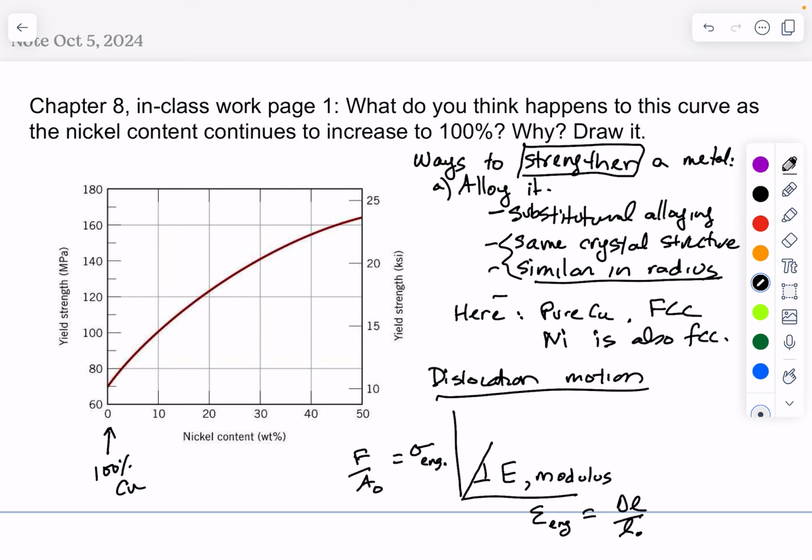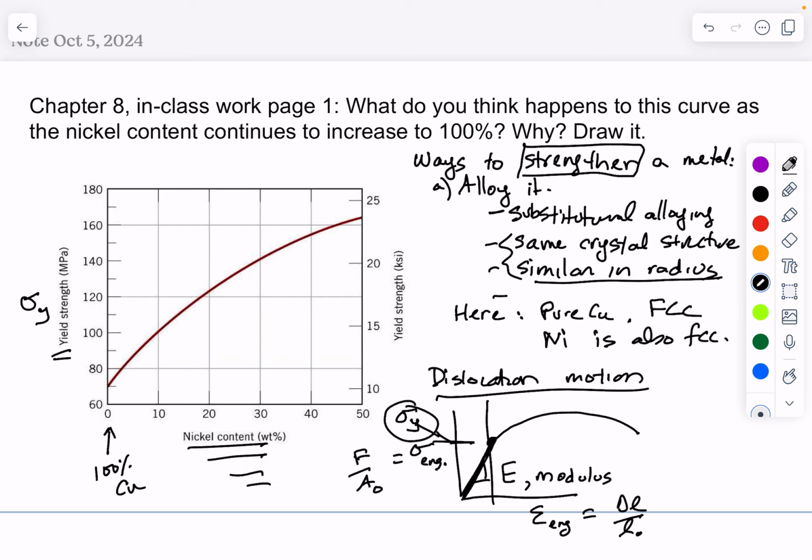So the point is that there is an initially straight line. This is all review; I haven't begun to answer this question yet. The point at which there is deviation from linearity is called the yield strength or yield stress. And what we're seeing on this plot is the yield strength plotted against the amount of nickel being added.